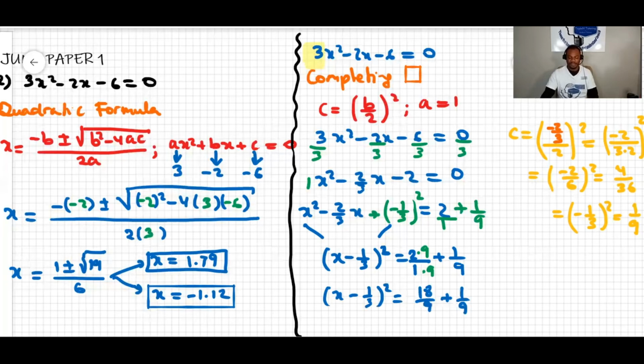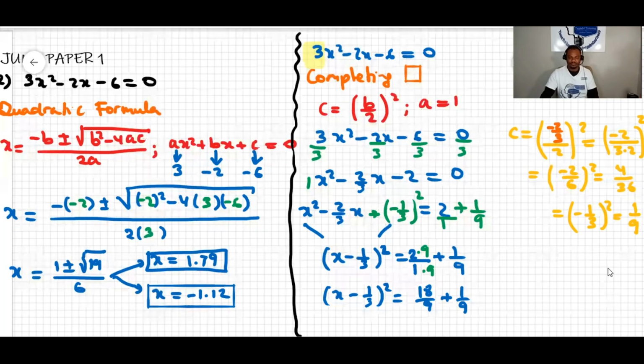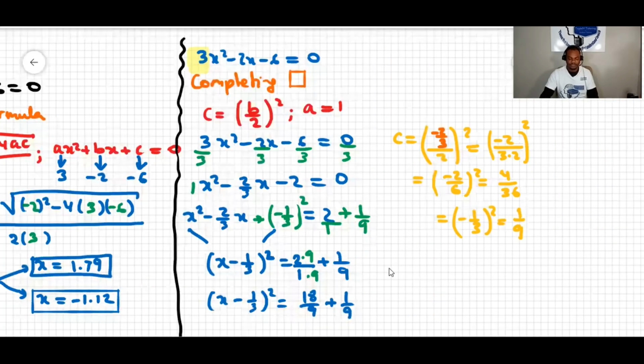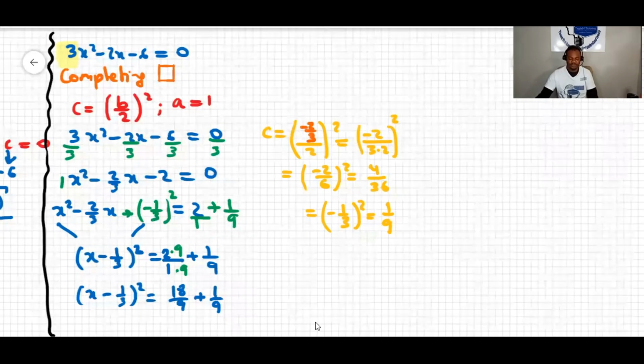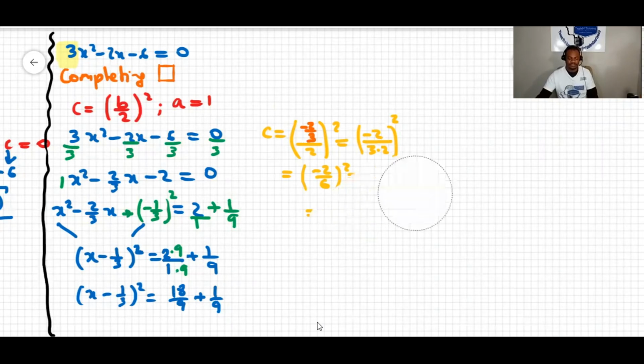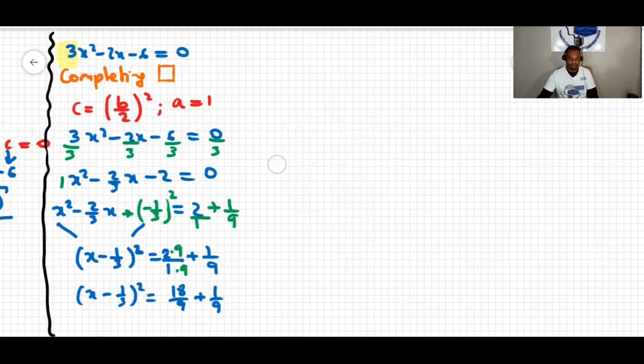Okay. Now we can move this, and then erase this place where I calculated c.